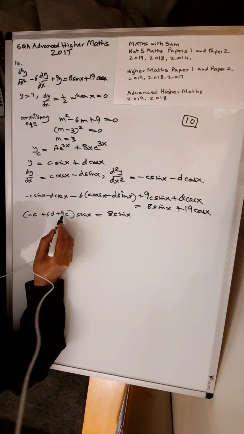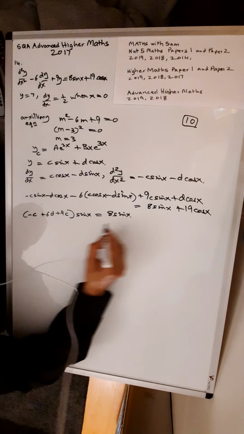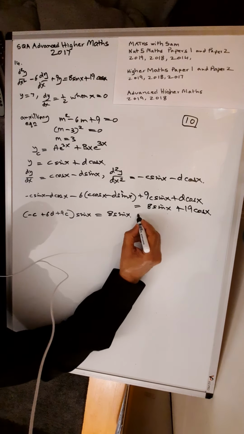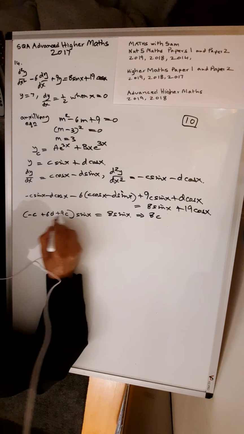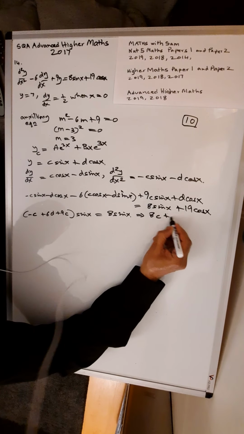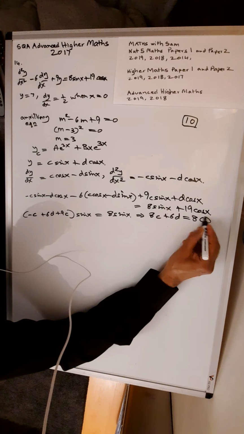Bringing these together, 9c minus c gives you 8c. That implies that 8c plus 6d is equal to 8. So that's your first equation.